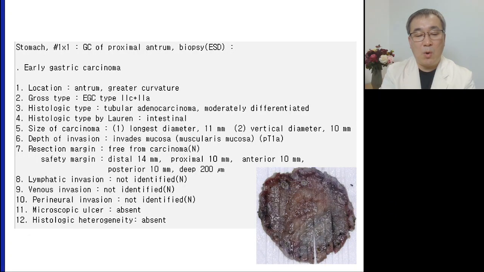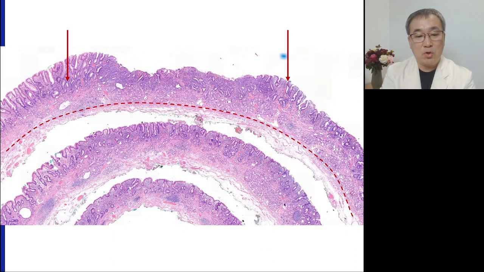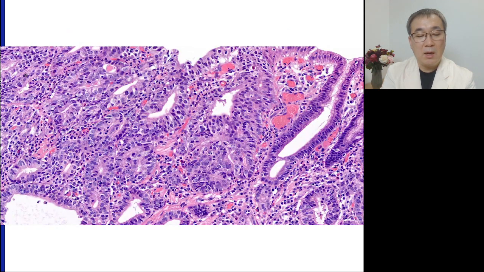Final pathology was 11 mm sized, moderately differentiated tubular adenocarcinoma, limited in muscularis mucosa without lymphovascular invasion, curative resection. The tumor was limited in the mucosa layer above the muscularis mucosa. Close-up image of moderately differentiated tubular adenocarcinoma.